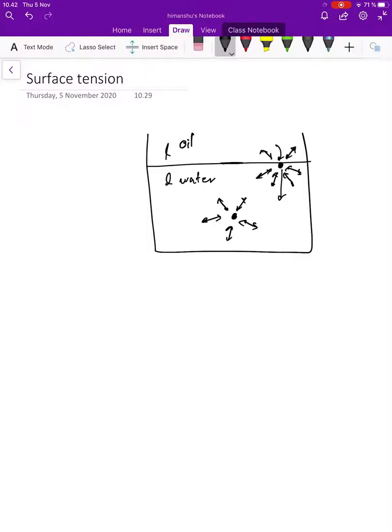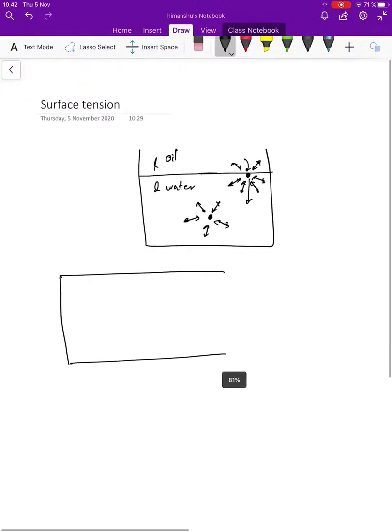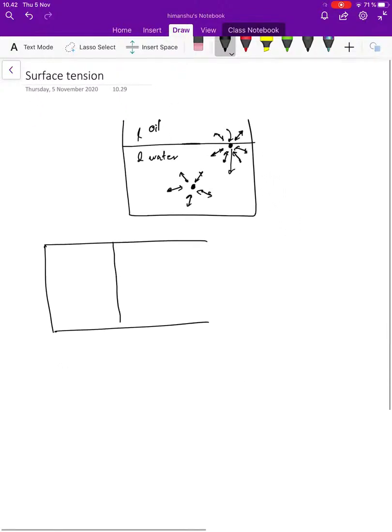To quantify this, think of pulling off a liquid film. So let's say you have a liquid in this container here, and then you take some sort of a wire and you pull the liquid in this direction. Now there are two films for the liquid. One is on this side and the other is on this side.